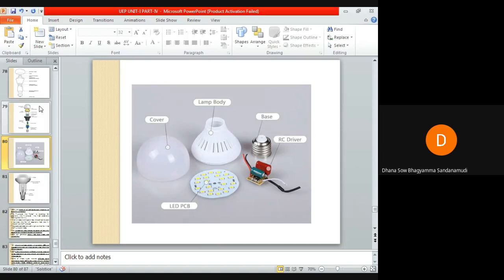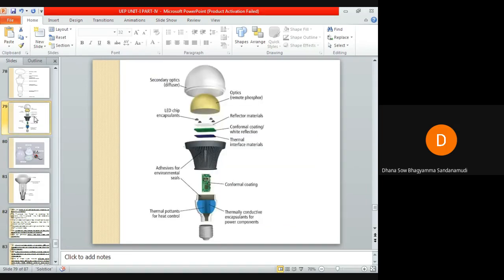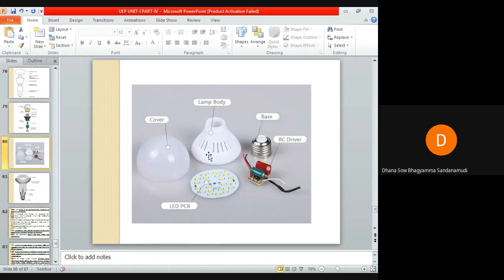So you need not worry about all these parts. In this image, you can see fewer components: the cover, lamp body, base, RC driver, and LED PCB. PCB means printed circuit board.